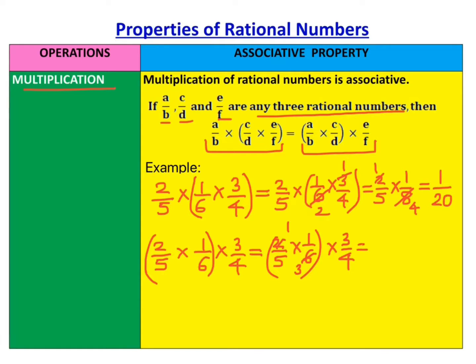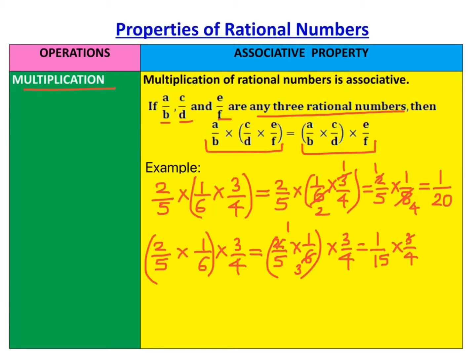So this expression is equal to, inside the bracket in the numerator we have 1 times 1 which is 1 by denominator 5 times 3 which is 15, times 3 by 4. Now in this expression we have 3 and 15 having 3 as common factor.